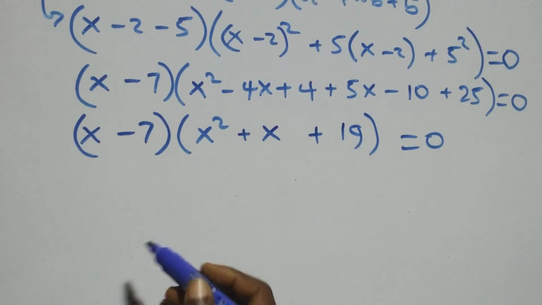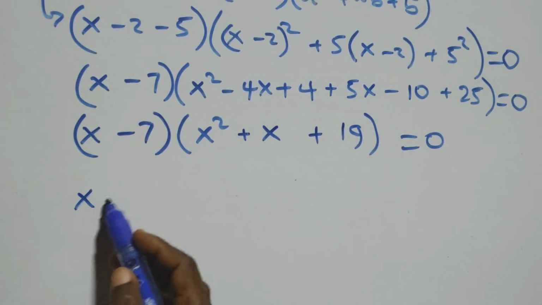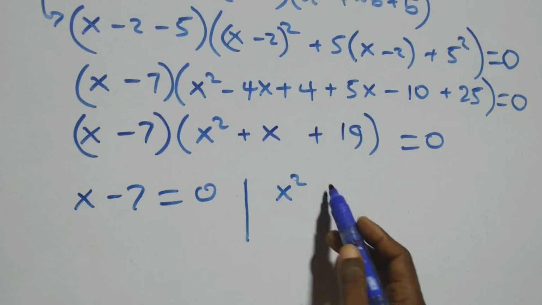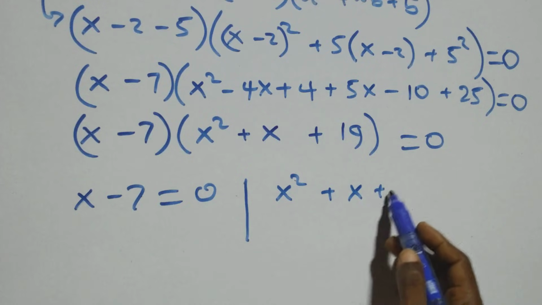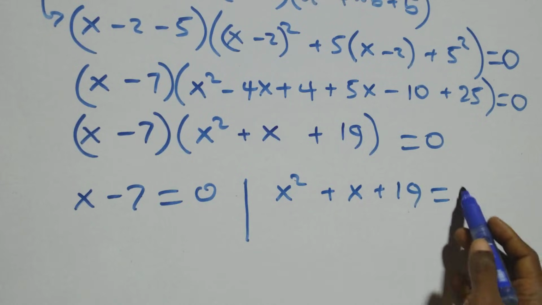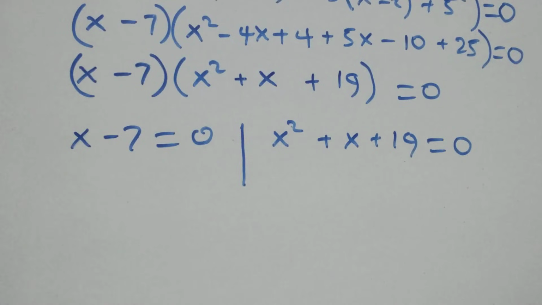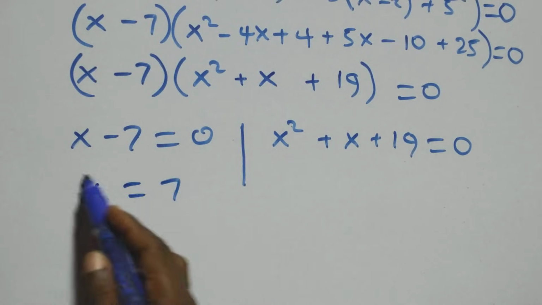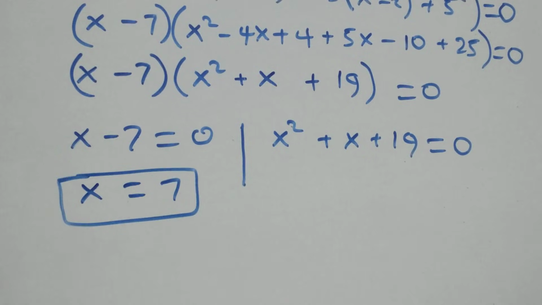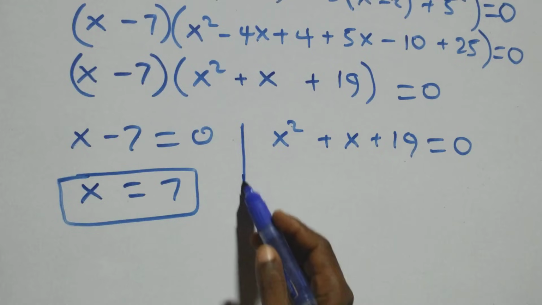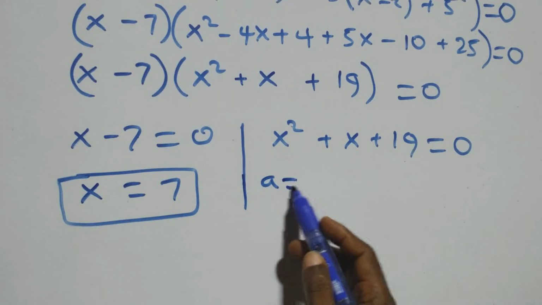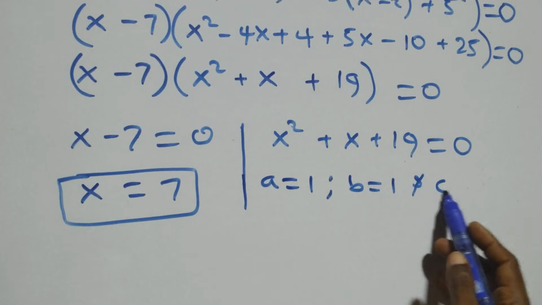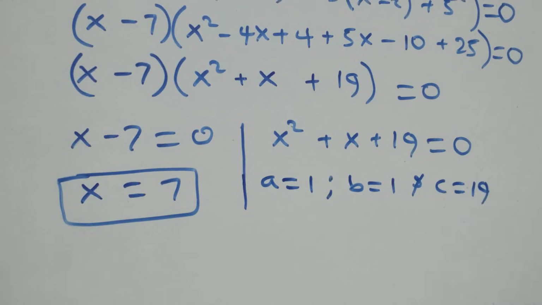And here we have two possible cases as well. x minus 7 equals 0, or x squared plus x plus 19 equals 0. Solving, x equals 7, which is a real solution. Here we have a quadratic equation where a equals 1, b equals 1, and c equals 19.